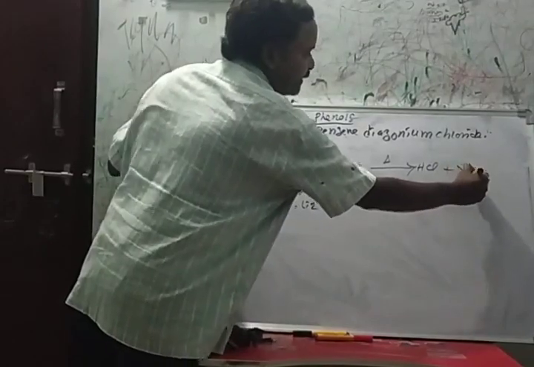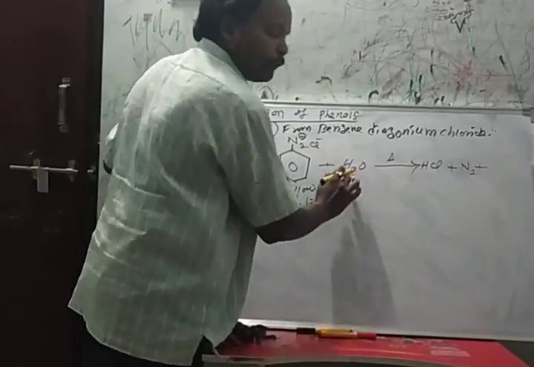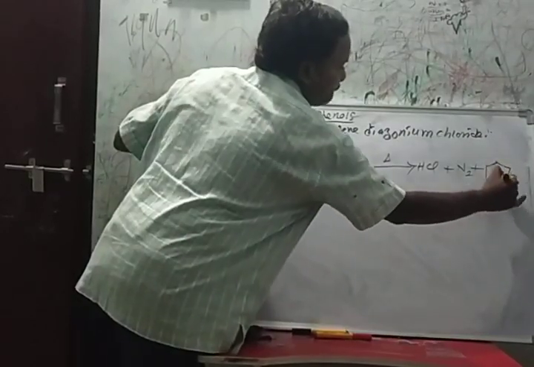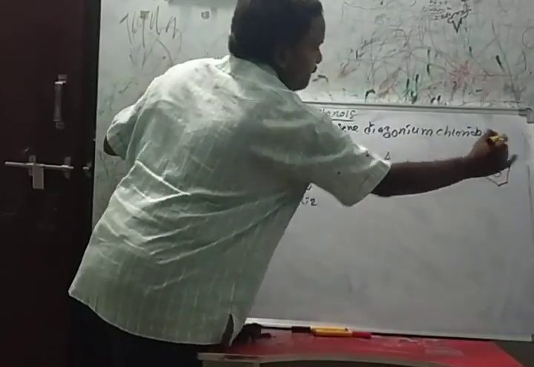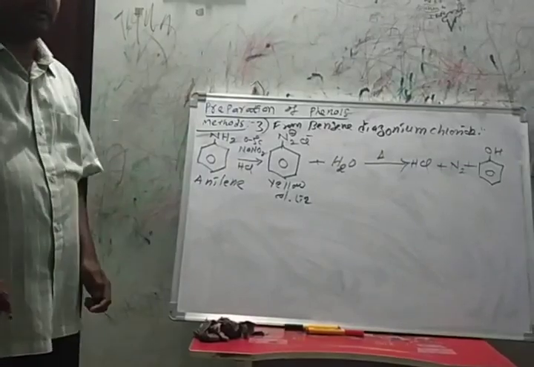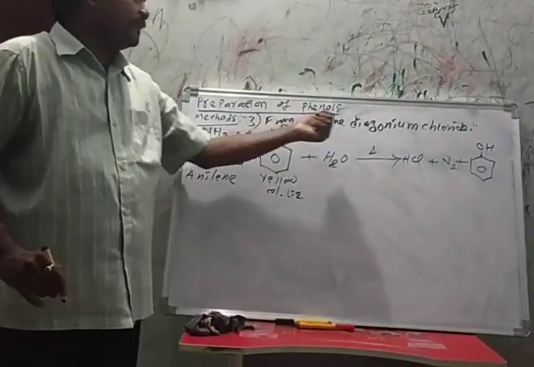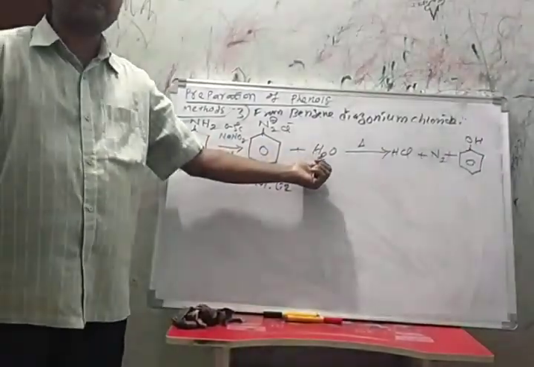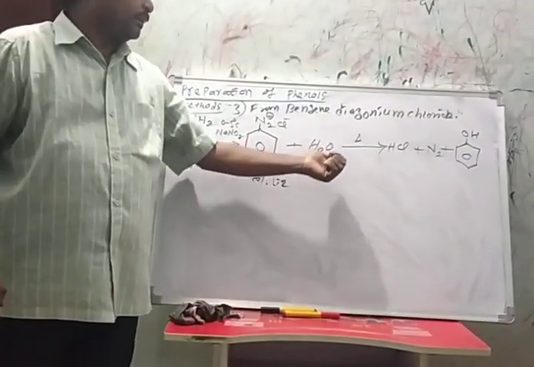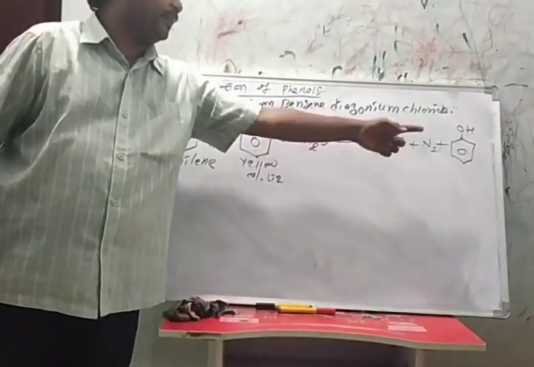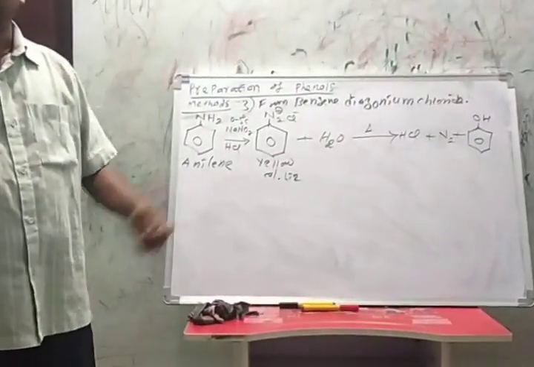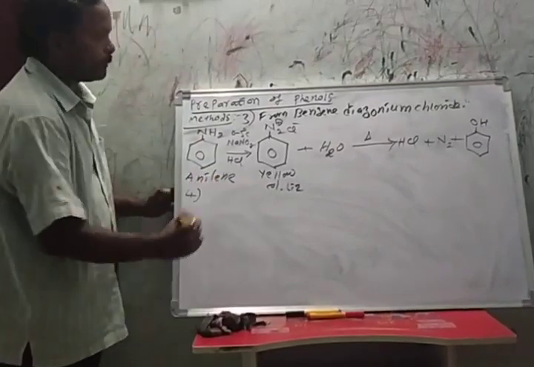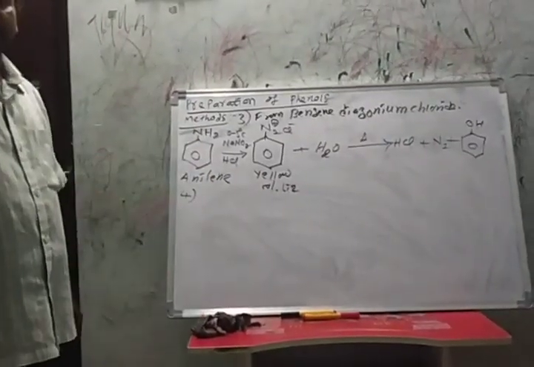Nitrogen is released as nitrogen gas, and the OH minus ion attacks here and we get the phenol. So benzene diazonium chloride reacts with hot water, and by warming we get phenol. This is the third method, preparation of phenol by using benzene diazonium chloride.